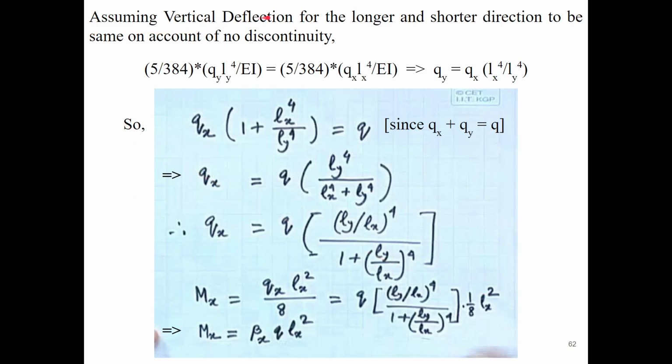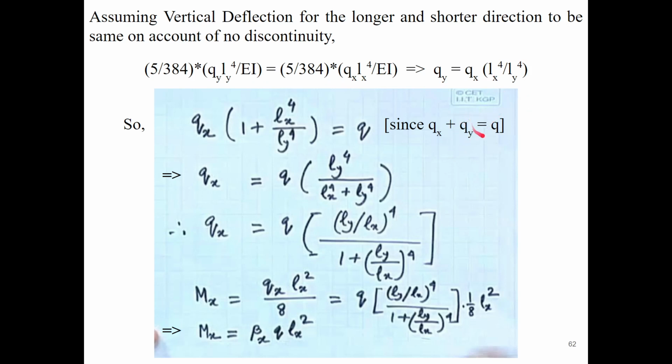If we assume that the vertical deflection in the longer and shorter direction is the same, because there is no discontinuity in between, then both are equal: 5 by 384 into Qy Ly to the power 4 by EI equals 5 by 384 into Qx Lx to the power 4 by EI. That means Qy is equal to Qx into Lx to the power 4 by Ly to the power 4.